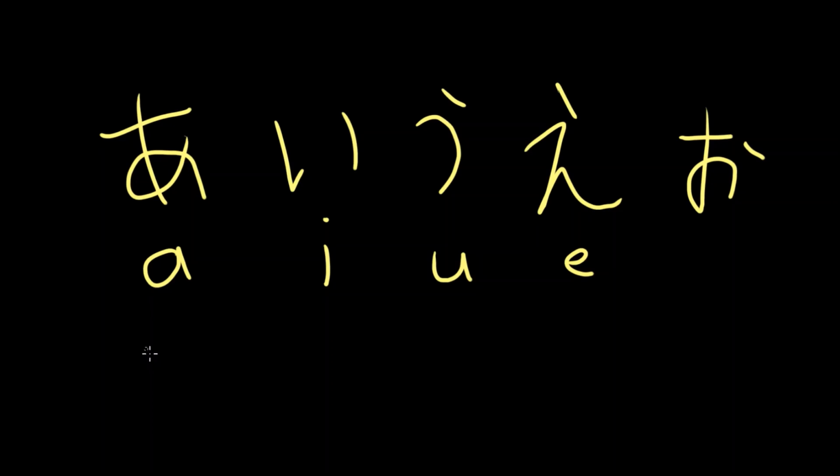Now, every row thereafter basically puts a consonant sound in front of these. So in front of each of these, there's going to be a different consonant sound.